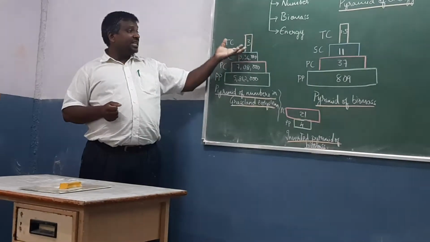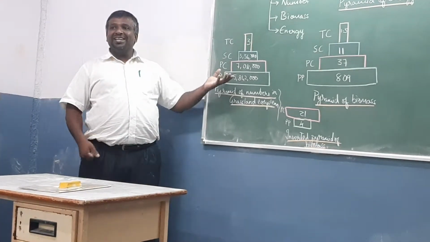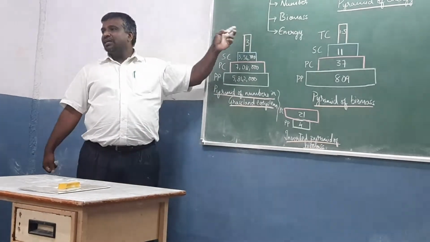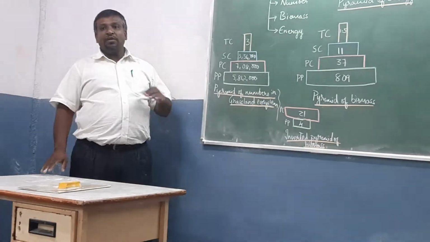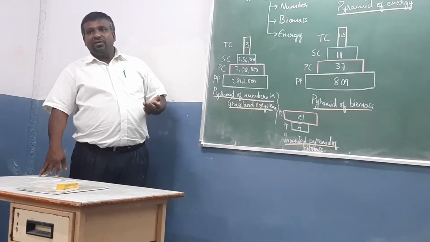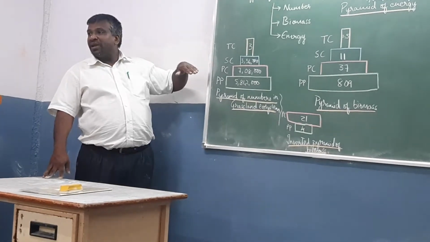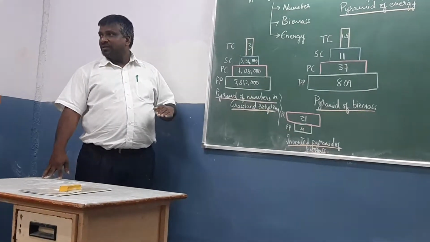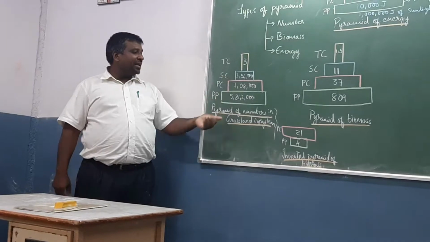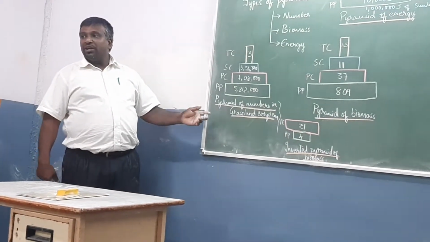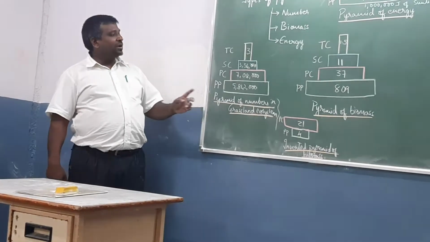So you can see the numbers have dropped down. That's the reason you find more numbers in primary producers and fewer in tertiary consumers. So there is a proper ecological balance between predator and prey as well as producers. This is the pyramid of number in a grassland ecosystem.